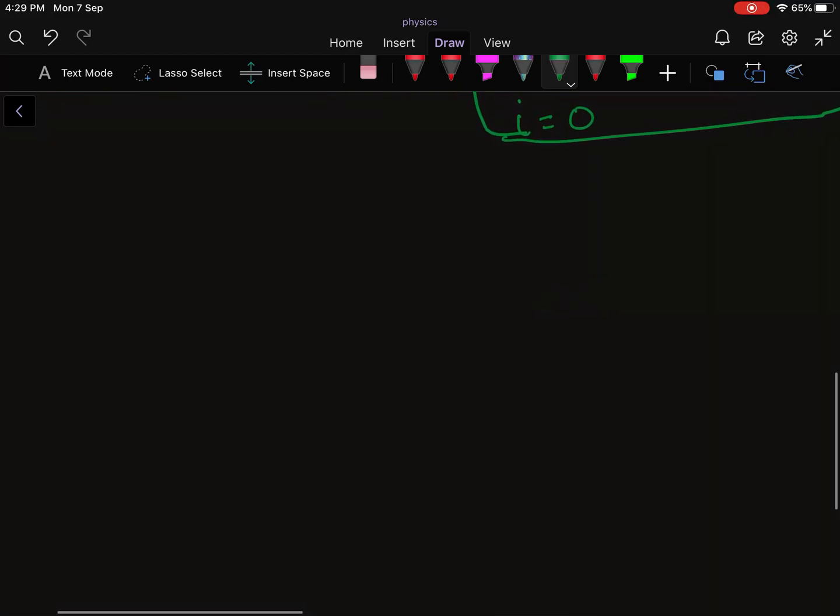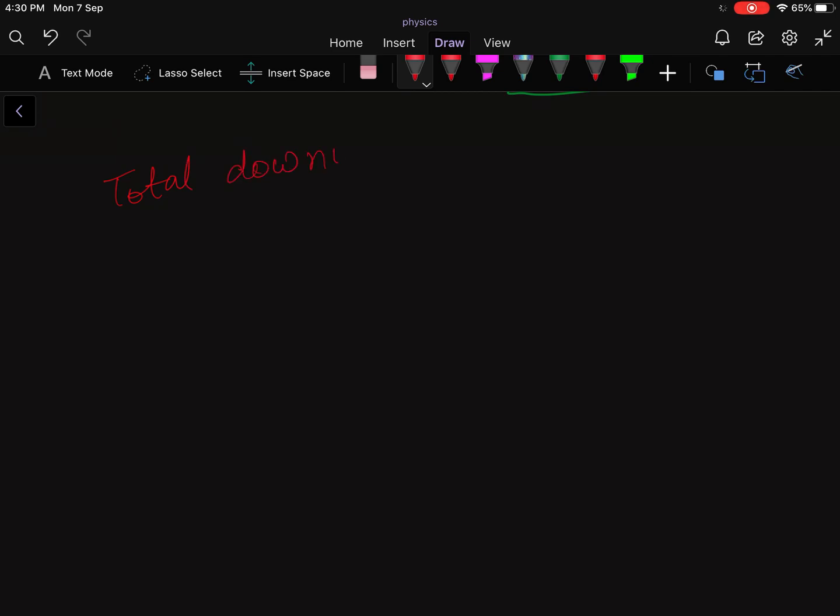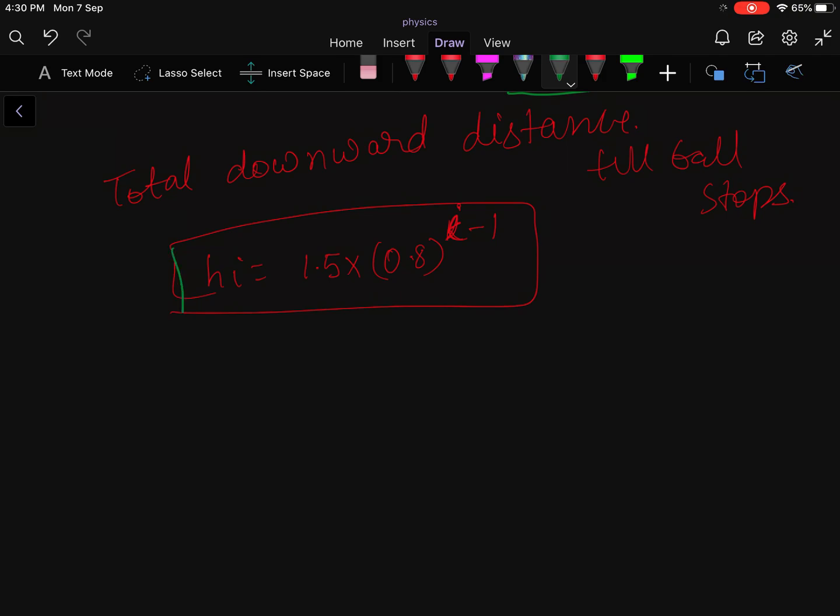Now what happens if they extend this question and ask for the total downward distance till the ball stops? You know hi, or hk, whatever you write, here it is 1.5 into 0.8 to the power i minus 1, which you have just written in the previous section.